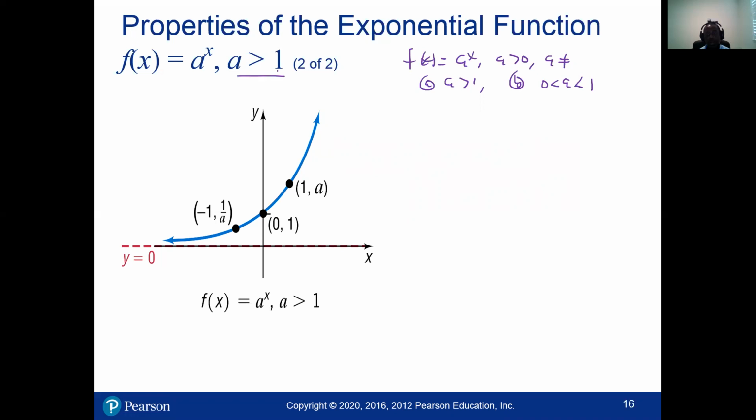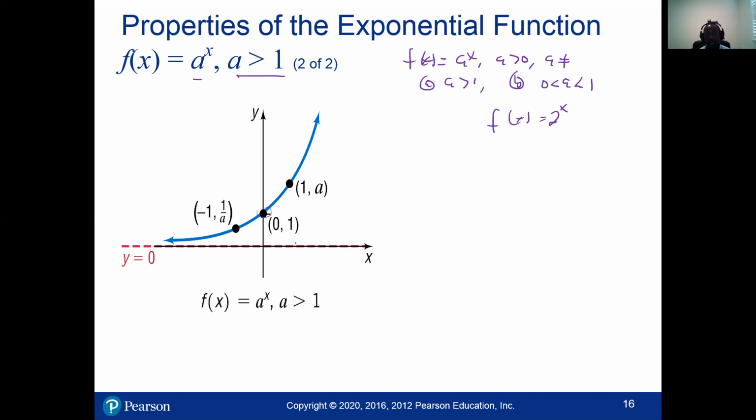So we're going to consider the first case, where a is greater than 1. Your base is greater than 1. So for something like f(x) = 2^x, this is general, and this kind of graph works for any exponential function in this form where a is greater than 1. Now the graph will pass through the point (0, 1). That is the y-intercept.